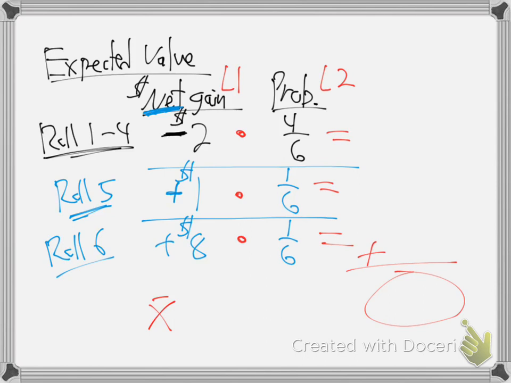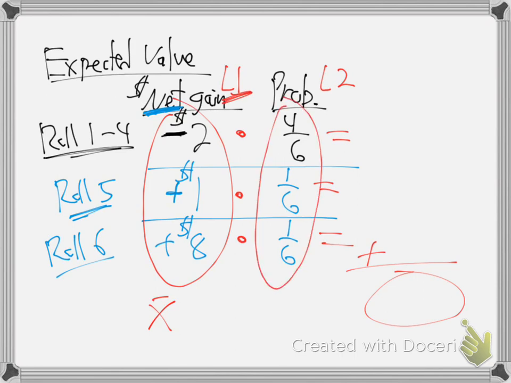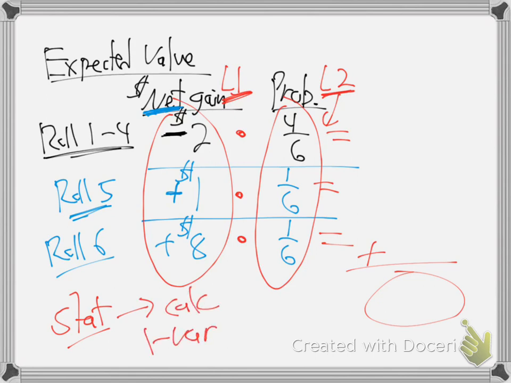So you know what I mean by that? Just take your calculator out, put these numbers down in L1, just type them in like that. Just go 4 divided by 6, enter. 1 divided by 6, enter. Put those down in L2, and then when you're done, you hit Stat, go over to Calc, One-Variable, and do L1, comma L2.